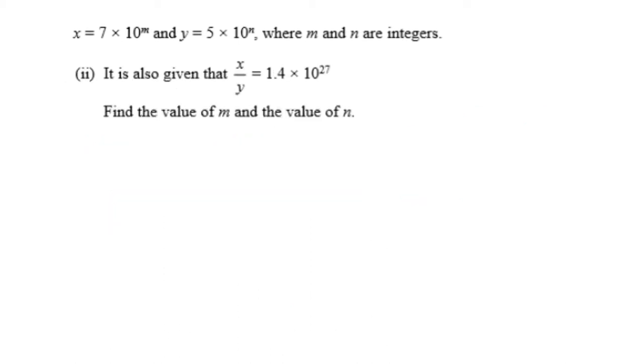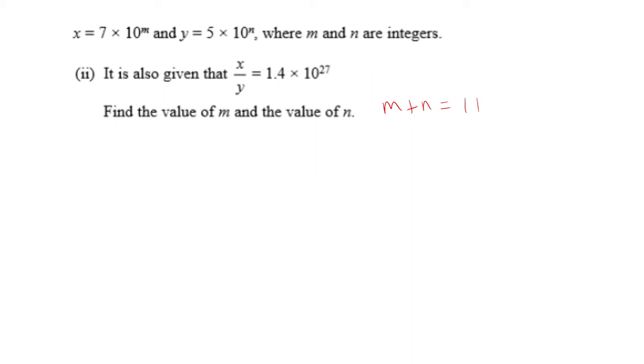Part 2, it's also given that x divided by y equals 1.4 times 10 to the 27, and they want us to find the value of m and n. So don't forget, we've already got one equation, m plus n equals 11, and we're going to find a second equation here and then use simultaneous equations to solve.